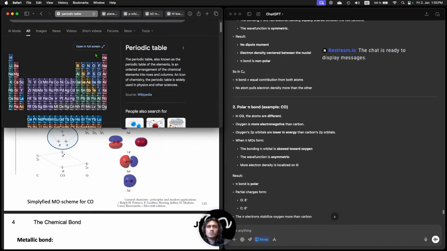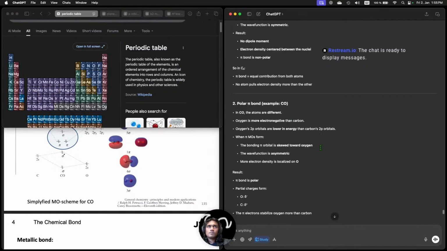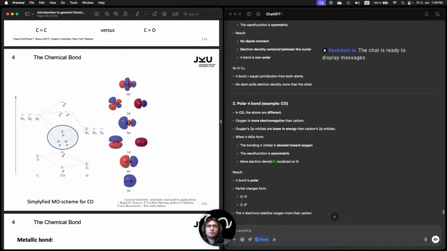When pi molecular orbitals form, the bonding pi orbital is skewed towards the oxygen. What are these?